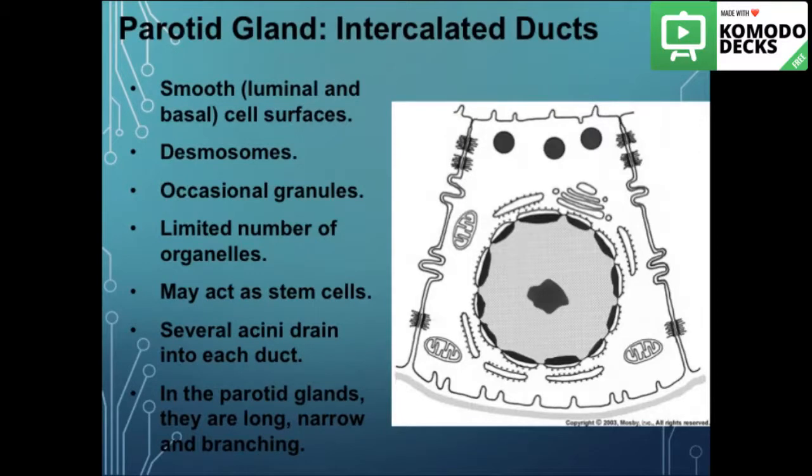Remember that the parotid gland secretes a serous, watery composition which has no problem being driven or transported inside narrow intercalated ducts. Now the lumen in these ducts is wider than the serous acini, of course, but they stay the narrowest type of transporting ducts.